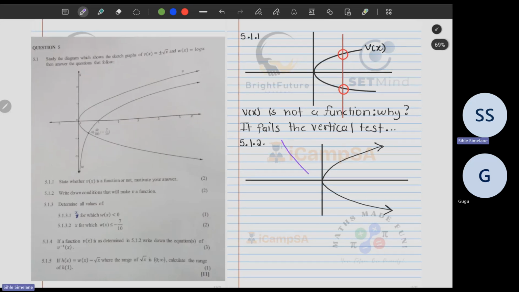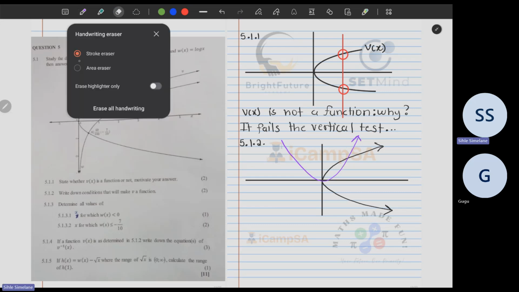The original function must have been like this. Once the original function is like this, it means if we restrict the y values, we also restrict the x values. So now, what do you think we should do in order to make this a function?